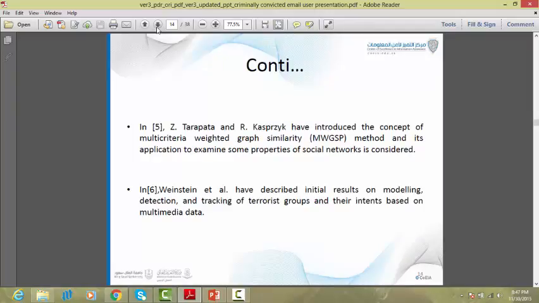Zertarpata and Kisporzik have introduced the concept of a multi-criteria weighted graph similarity method. Winston et al. have described initial results on the modeling, detection and tracking of terrorist groups and their intents based on multimedia data.